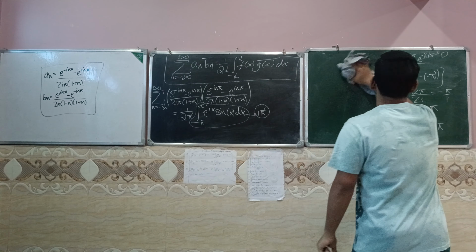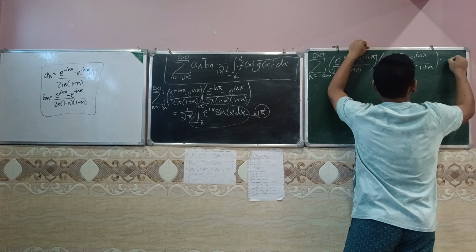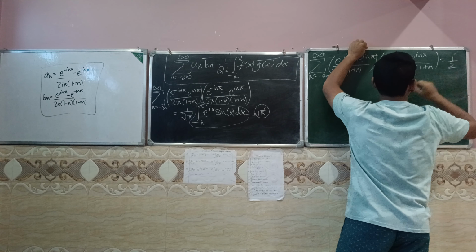So let me just write that down. This sum as n goes from negative infinity to infinity of (e to the minus i n pi minus e to the i n pi) over 2i pi (1 plus n), times (e to the minus i n pi minus e to the i n pi) over 2 pi (1 minus n)(1 plus n), equals i over 2.